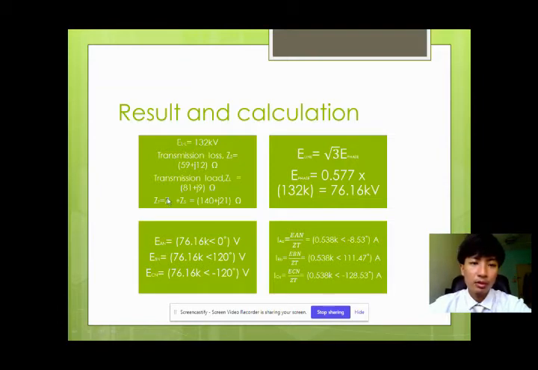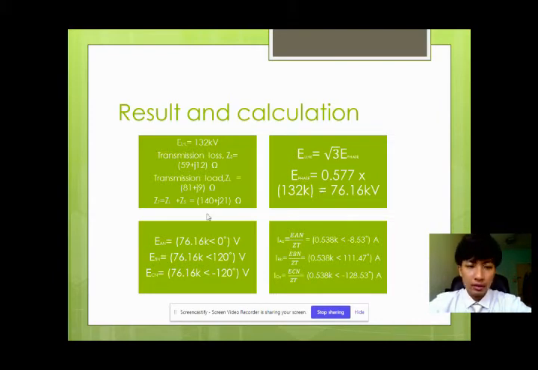So the formula of Z total is equal to ZL plus ZS, which is equal to 140 plus j21. The formula of E line is equal to square root 3 of E phase. So I get E phase, which is equal to 0.577 times 132 kilovolt, which is equal to 76.16 kilovolt.